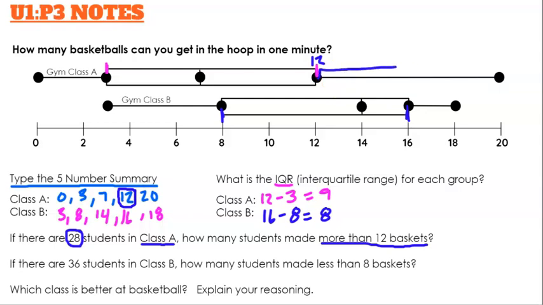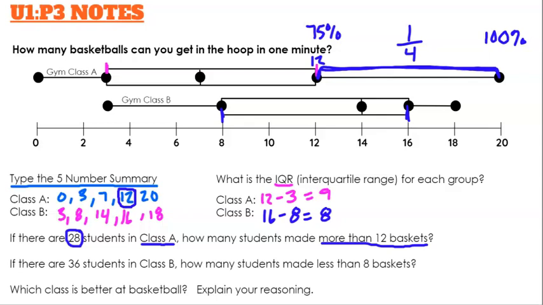So we're looking at how many students made more than 12 baskets. So remember that upper quartile is that 75% mark. So from 75 to 100% is just 1/4 of the data. 1/4 of the students would have made more than 12 baskets.